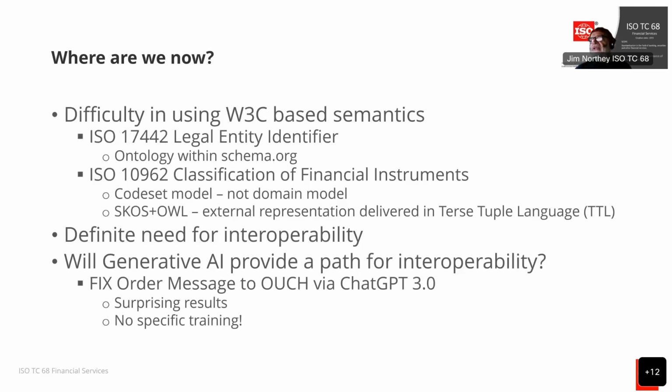And then in the ISO 10962, we actually went through the W3C way. It's a very, very complicated structured code set hierarchical model. So we actually built an ontology of the code set itself, and we use SKOS and OWL to actually deliver an external representation in the Terse RDF Triple Language, TTL.